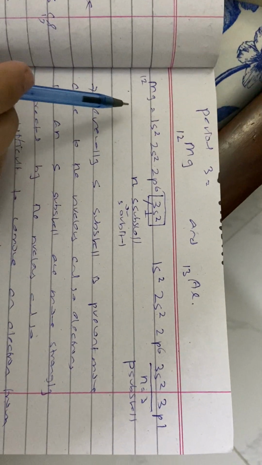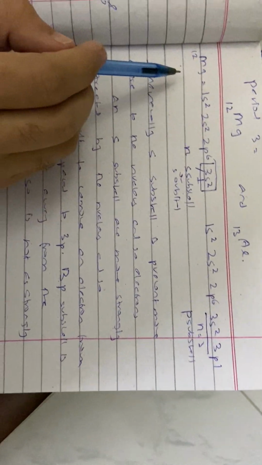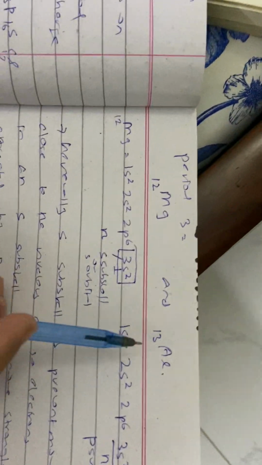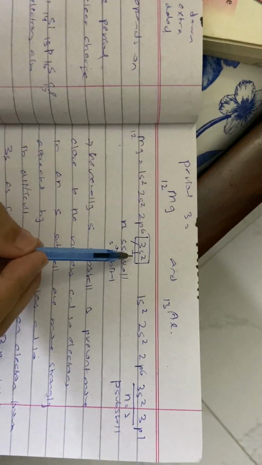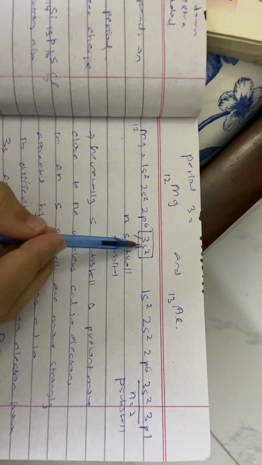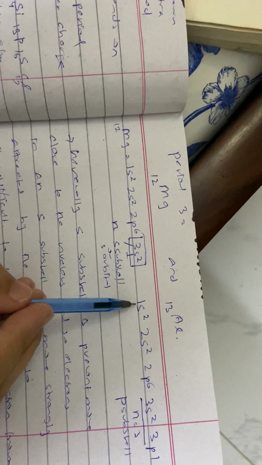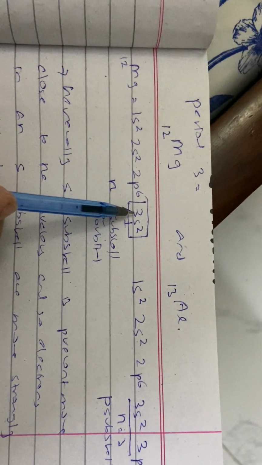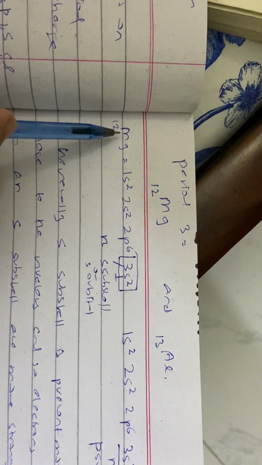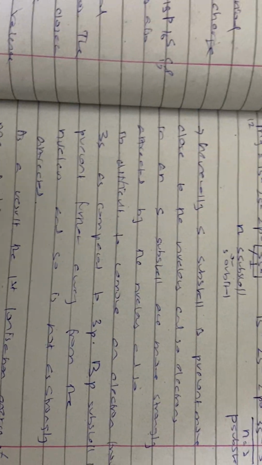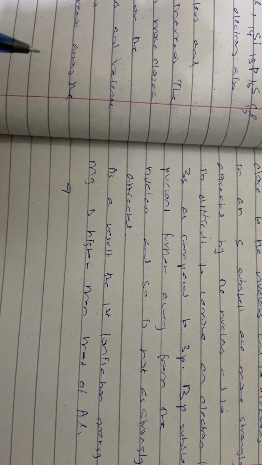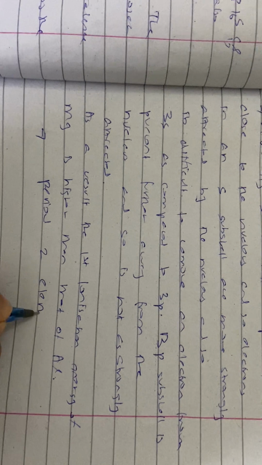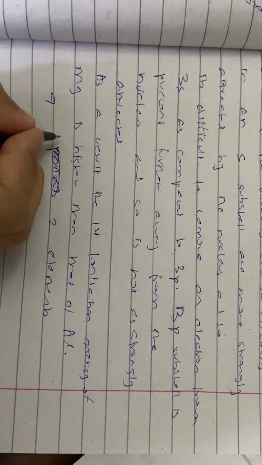Generally ionization energy increases across the period, but magnesium has a higher first ionization energy than aluminium. As 3s is closer to the nucleus, the first ionization energy of magnesium is higher than that of aluminium.